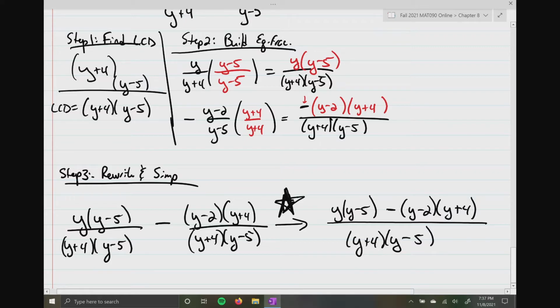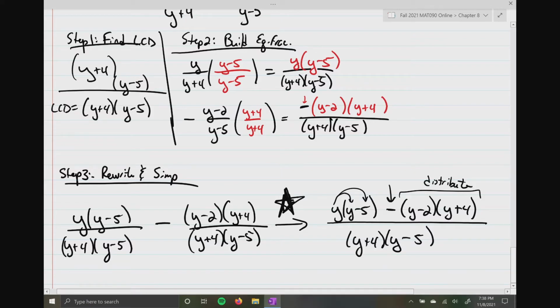We know in this step, you're going to have to distribute the y, but over here on the right-hand side, not only do you have to distribute all of this, but you also have to distribute that negative as well. So that little negative sign is going to ruin a lot of people if you do not write this step out.